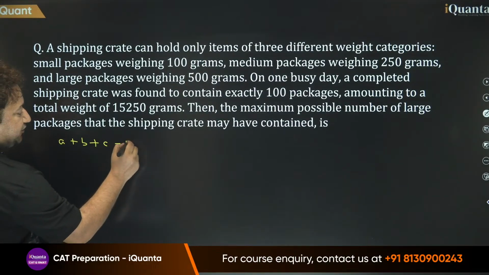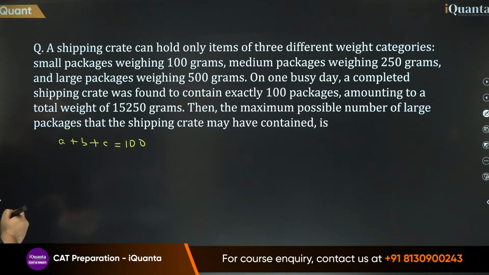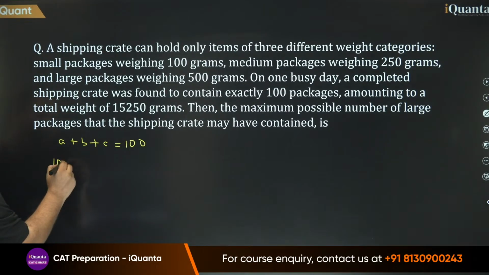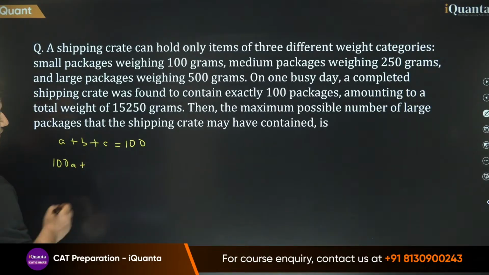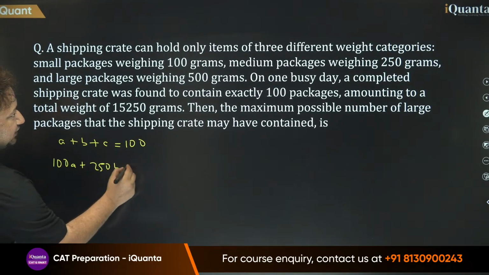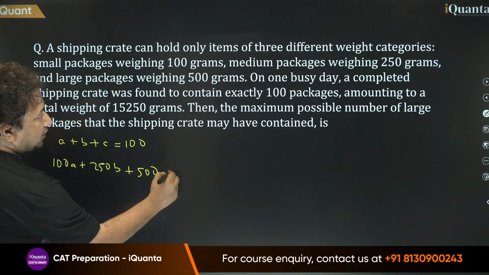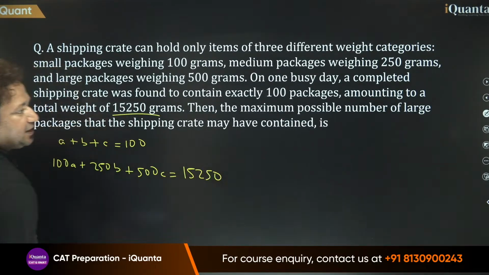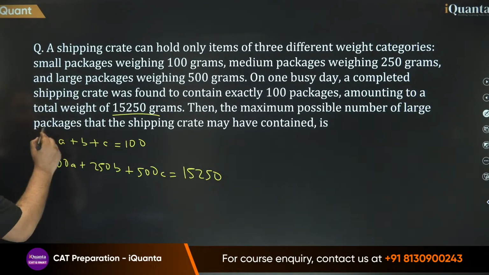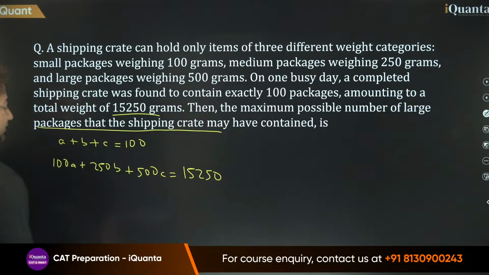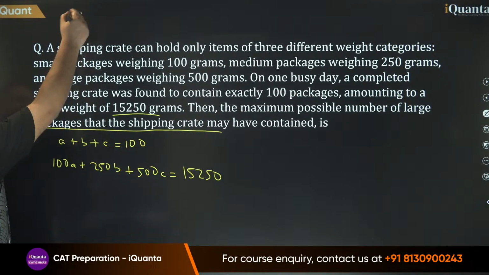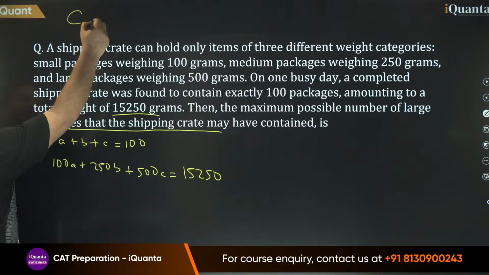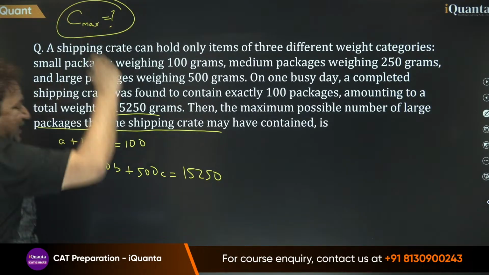This must be equal to 100, okay? And if I multiply A with 100, B with 250 and C with 500, I'll be getting this 15250 grams. The maximum possible number of large packages that the shipping crate may have contained is, so basically we need to maximize the value of C. That is what we need to find. We need to find C max.